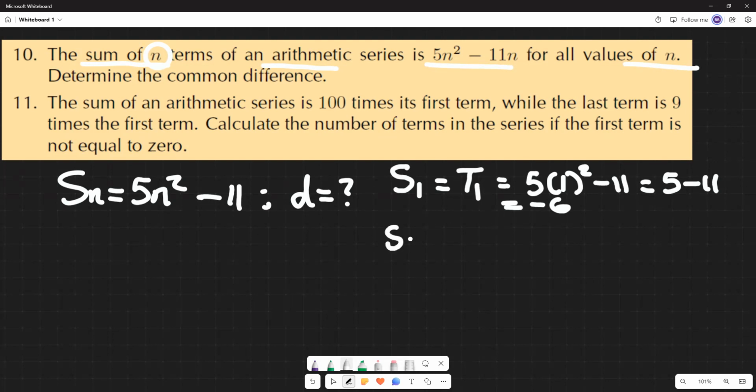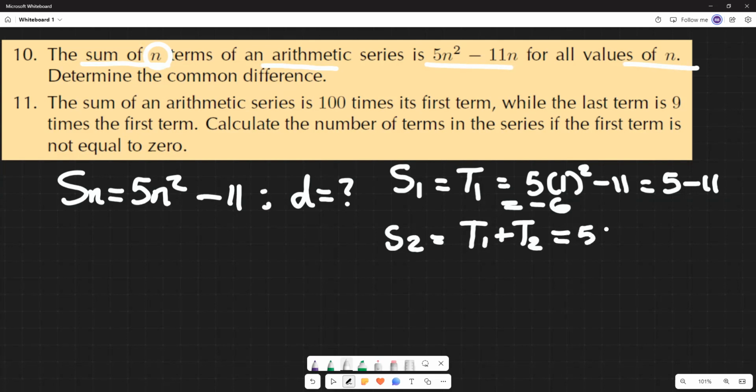We're going to do the same thing. The second term is basically the sum of the first term plus the second term. So we're adding the first and the second term, that is S2. But from the formula, we can substitute 2 for n.